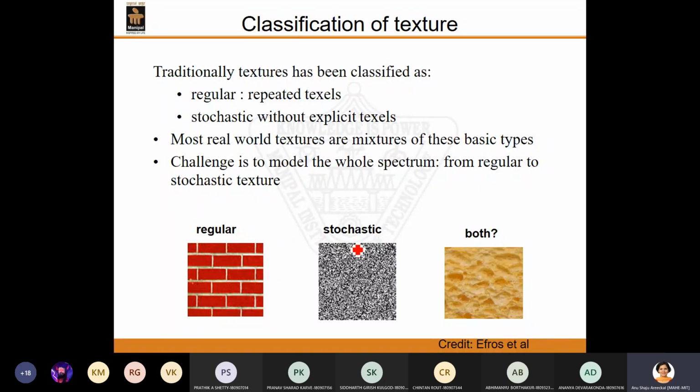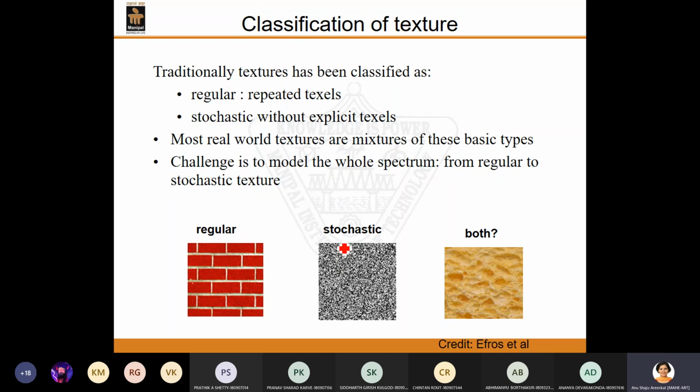There are other texture regions also. For example, if you look at images of some bush or a forest cover, those are examples where you can say there is a specific pattern, but you cannot specifically say what is a repetitive element over there.